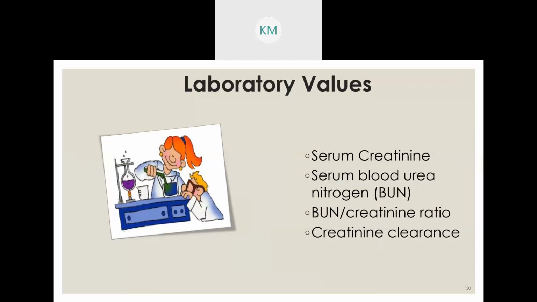Remember that with GI bleeding, blood is broken down, causing an increased protein load, and hence the elevation of a BUN level. The BUN creatinine ratio is a relational indicator between BUN and creatinine levels. A normal BUN creatinine ratio is 10:1 to 20:1. Example, BUN 20 milligrams per deciliter and creatinine 1 milligram.